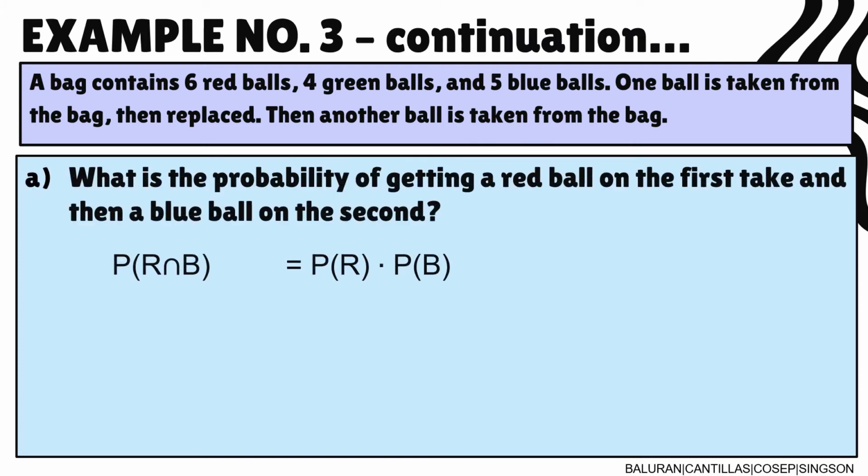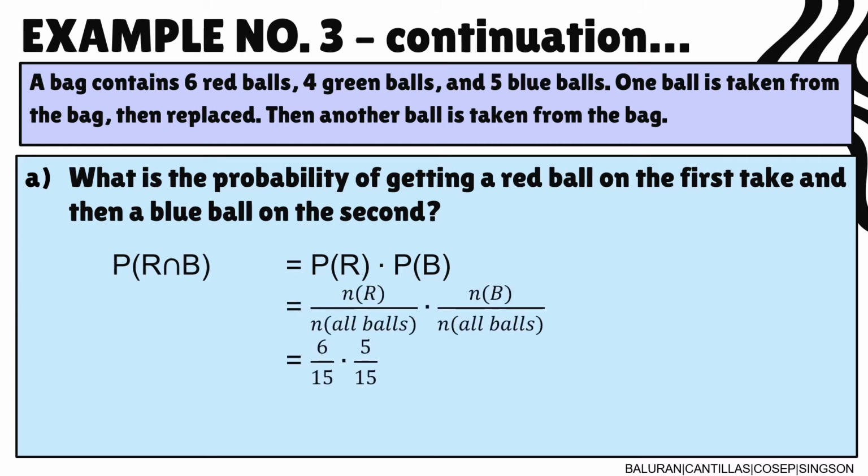So to find the probability of getting a red ball on the first take and then a blue ball on the second take, we simply have to denote that with the following. The probability of the intersection of event R and event B is equal to the product of the probability of getting a red and the probability of getting a blue.